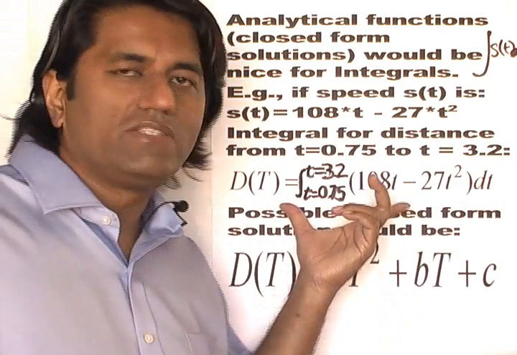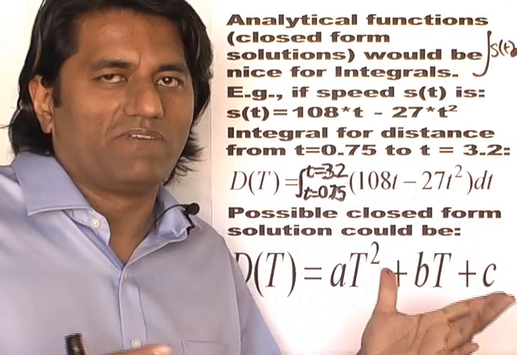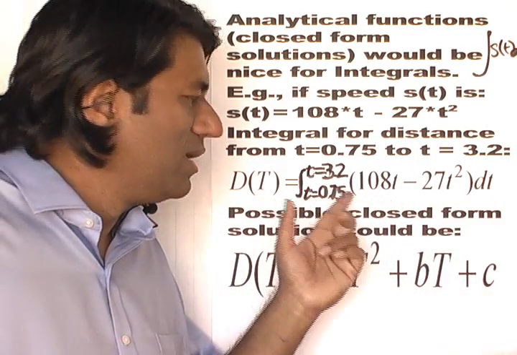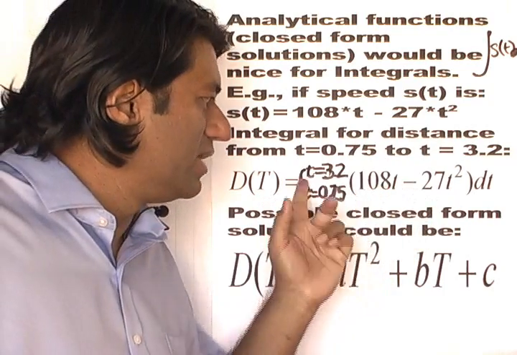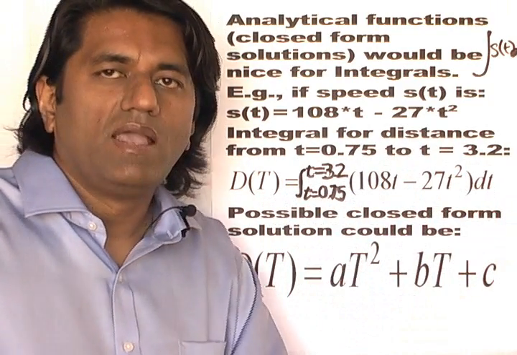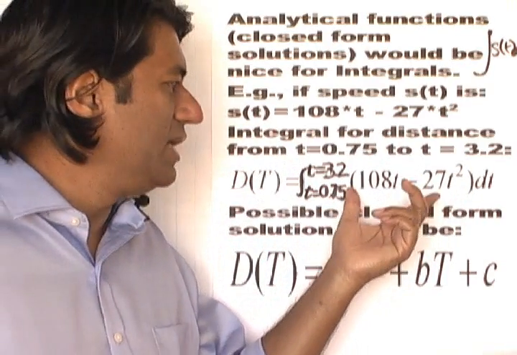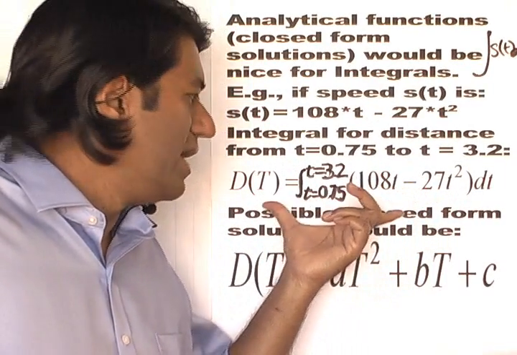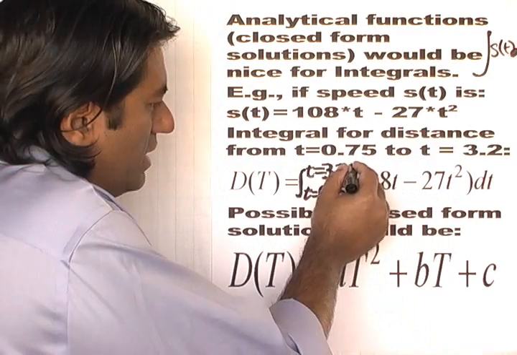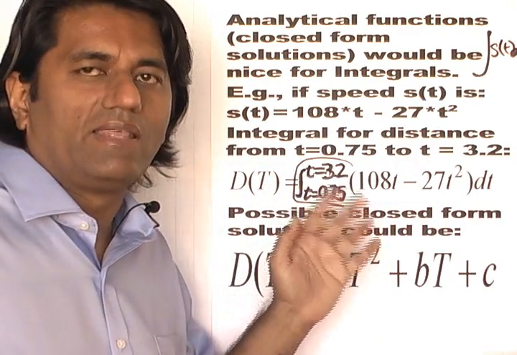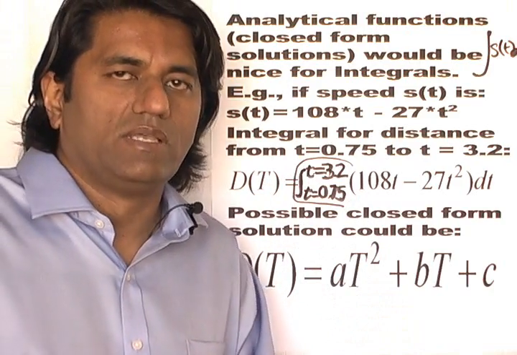And if I give you this, you still can't calculate the distance traveled, right? You can say, okay, I know that if this is the speed, then this should be the distance. However, you can't calculate the distance from this expression because there is this integral sign, and you don't know how to evaluate it.